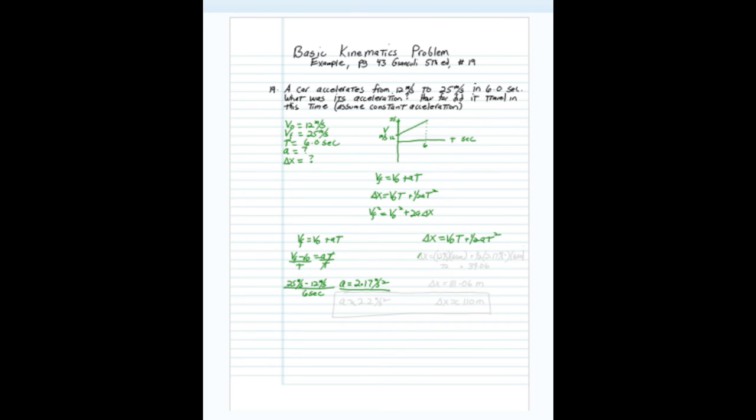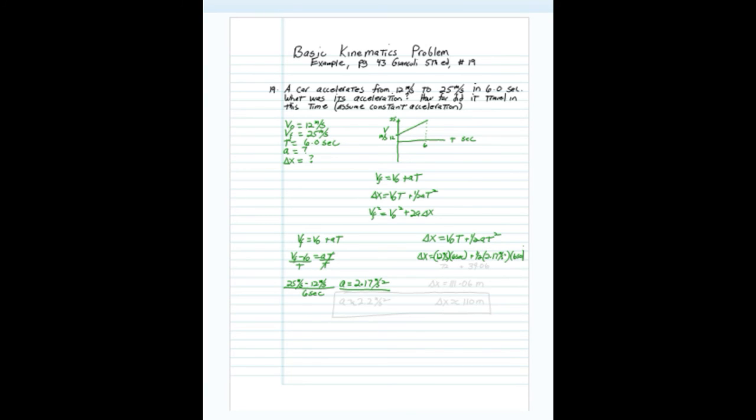So I have delta x equals Vo is 12, the time is 6 seconds, it's 1/2, acceleration 2.17 meters per second squared from the earlier part, 6 seconds. Be careful here, only the time gets squared.